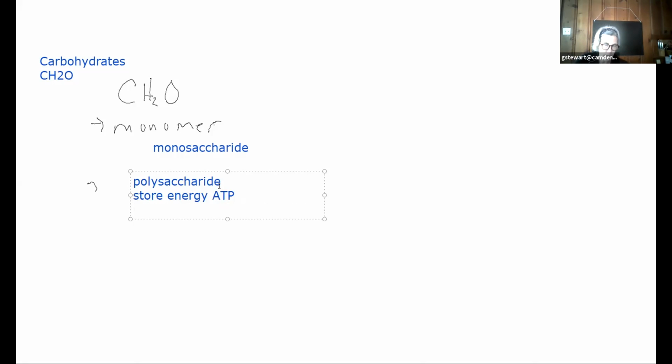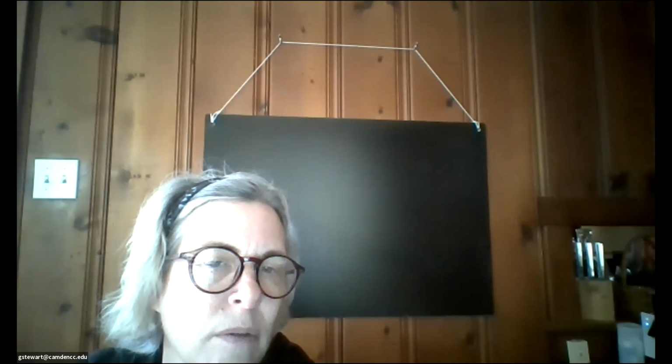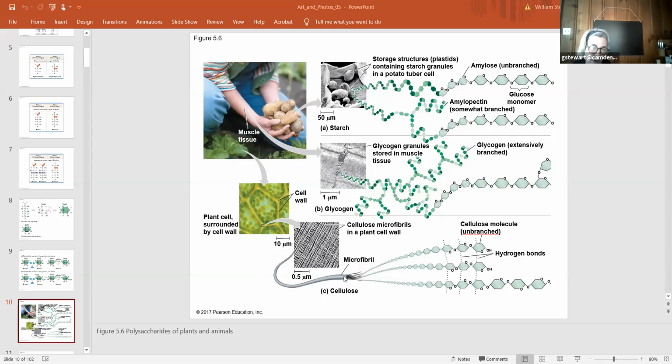And the second function of polysaccharides is structure. And what I mean by that is cell walls, particularly in bacteria and plants, right? So this is a cellulose fiber that is going to become the cell wall, this yellow part of a plant cell, right? So storing energy in the form of starch and glycogen, different forms in plants and animals, and structure. So polysaccharides have two functions.